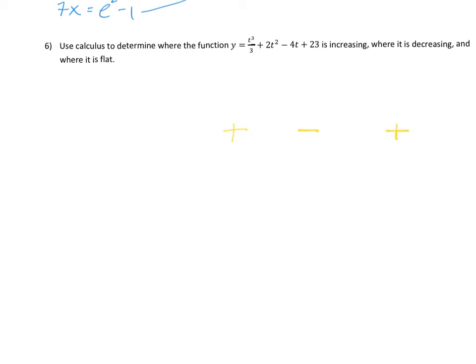So now that I've looked at the sign of y prime, I can use that to analyze y. When y prime is positive, y is increasing. When y prime is negative, decreasing.